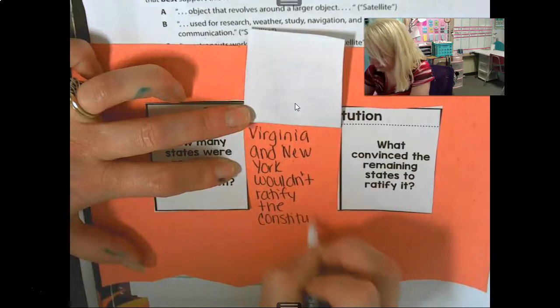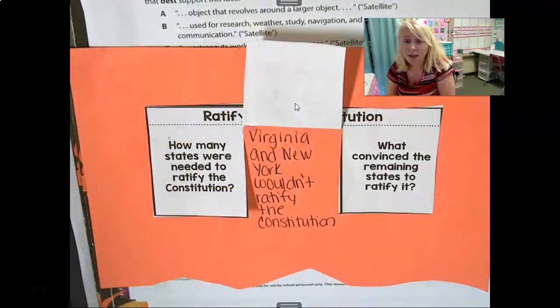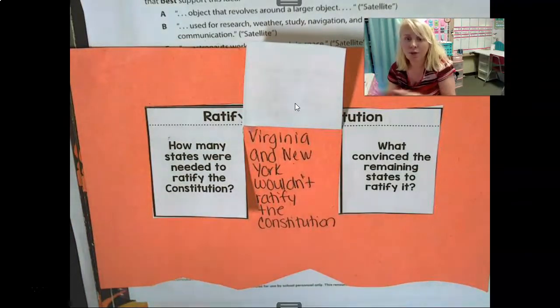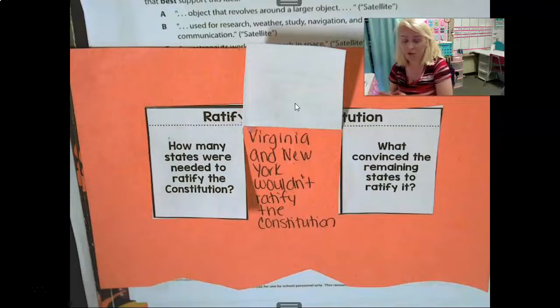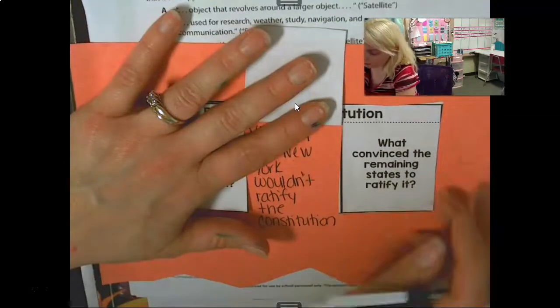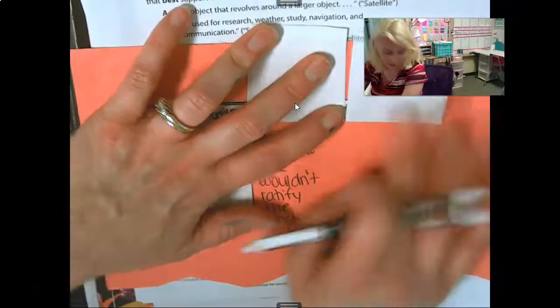They weren't the only ones, but they were the heavily populated, most influential states of the time that wouldn't agree to the Constitution. The others that wouldn't approve eventually were convinced, because all 13 got on board. We just saw that with the dates.